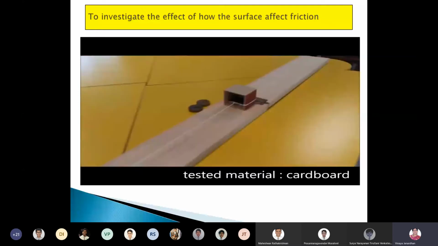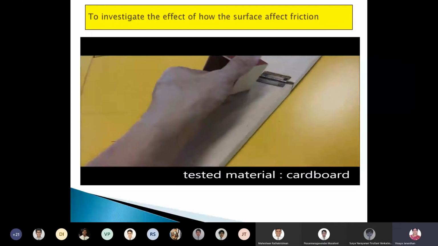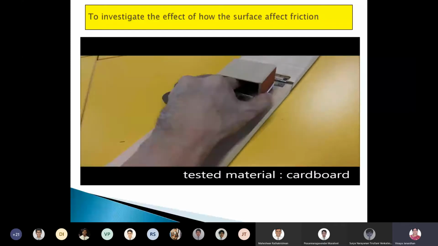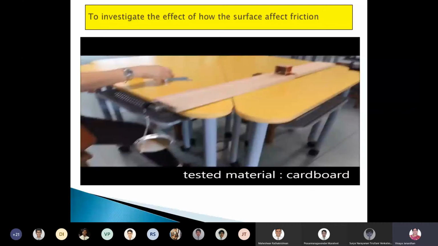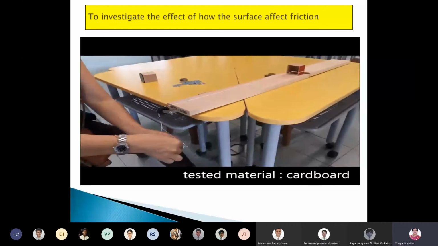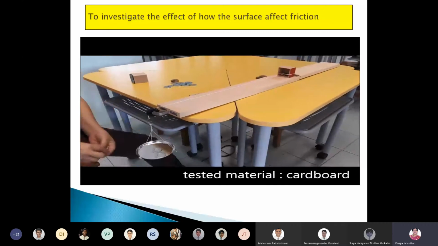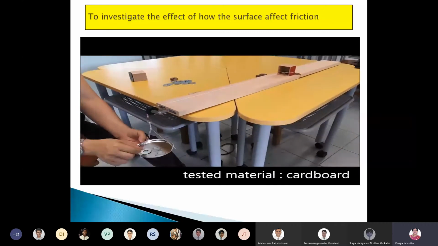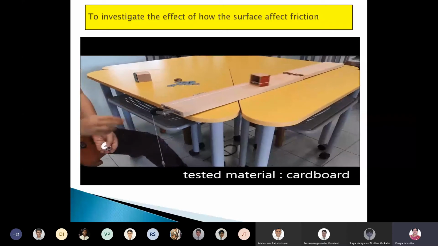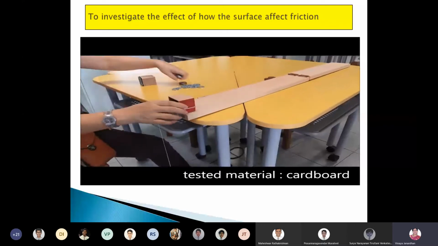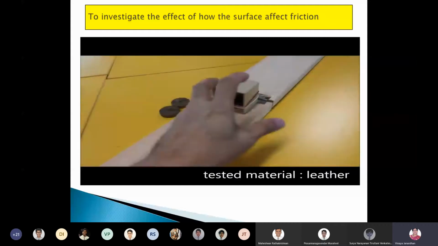The third material is the original material, the cardboard, which is this one. Let the weighing begin. 1, 2, 3, 4. The last material is leather.